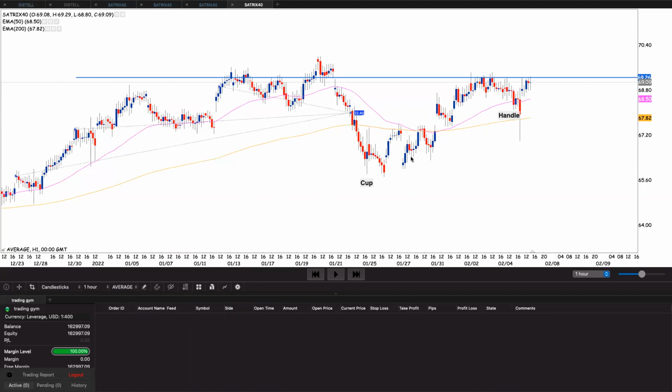So now, when you look at this chart, we have a few things going for us.